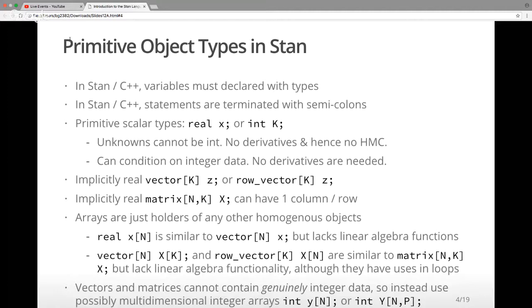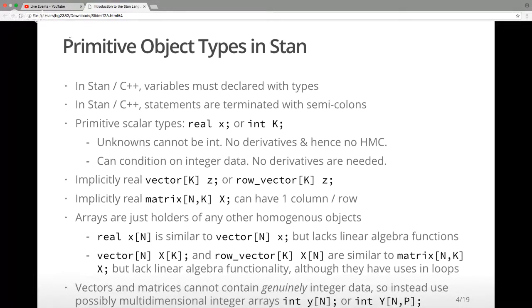Consequently, you cannot have unknown values in the Stan language that are integers, because there are no derivatives of the posterior kernel with respect to an integer. And hence, you can't do Hamiltonian Monte Carlo or the implementation of NUTS that Stan uses in that situation.